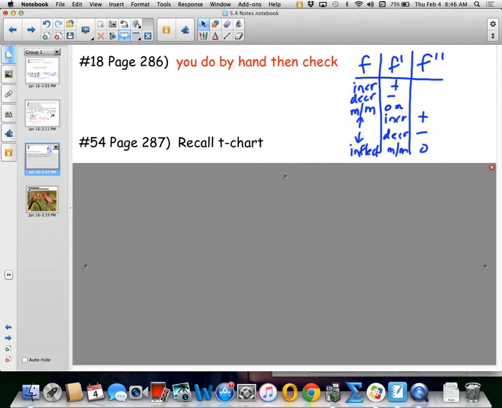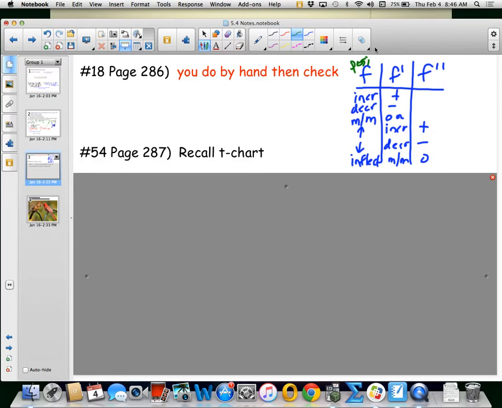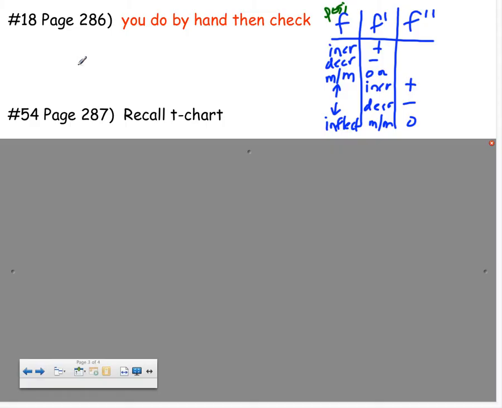This F is your position. This is your position graph, your original. This F is your velocity graph.